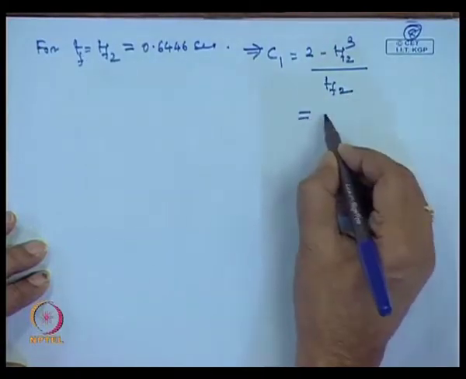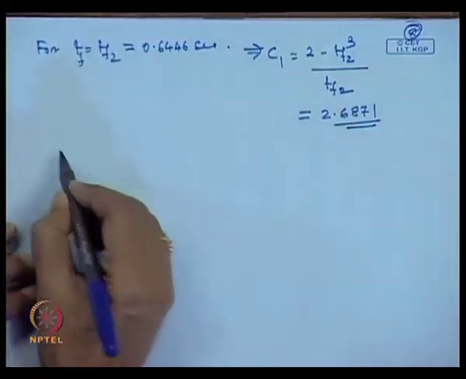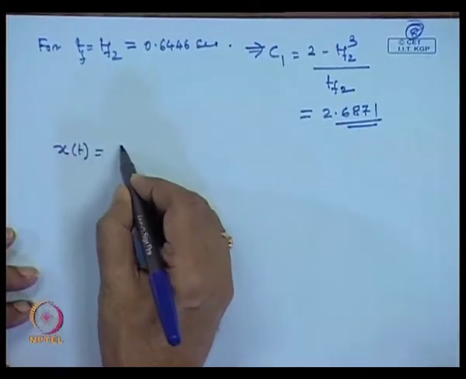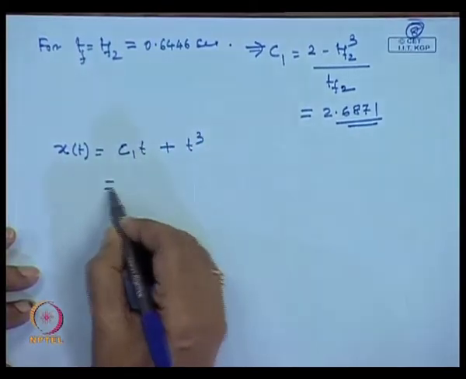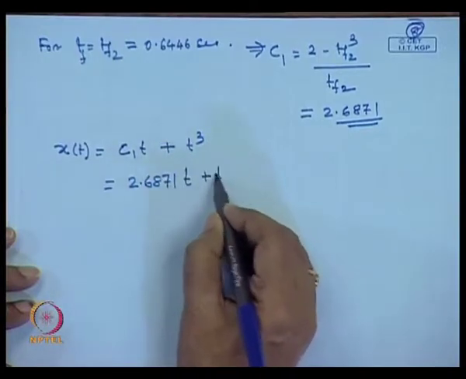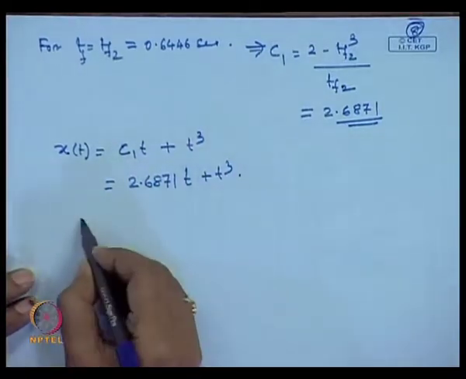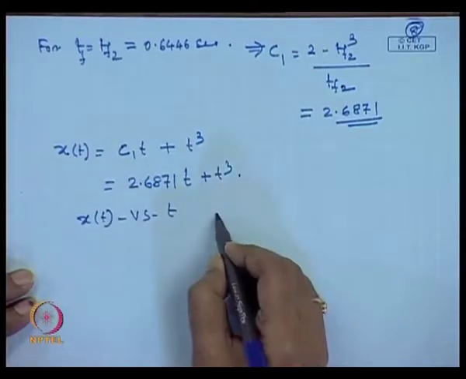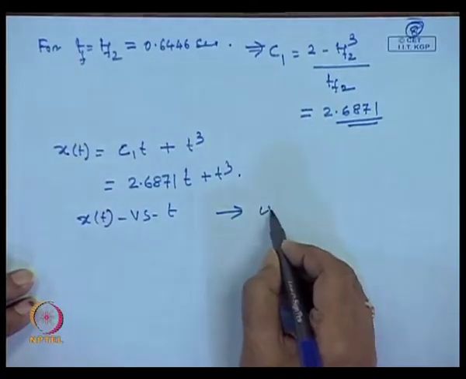So, this value will come to 2.6871, a constant. So, the corresponding optimal trajectory x of t is equal to C 1 t plus t cube, that is 2.6871 t plus t cube, agree. So, once again you are advised to plot x of t versus time, and call this optimal trajectory curve 2.